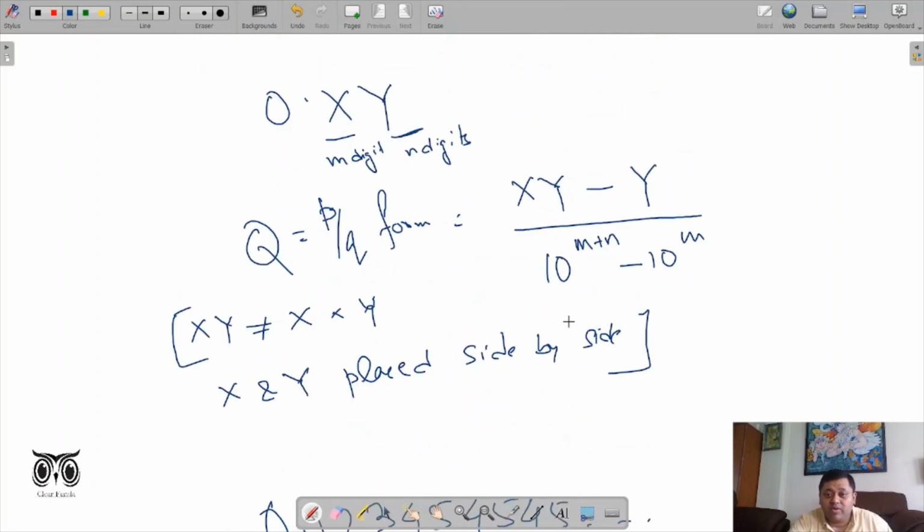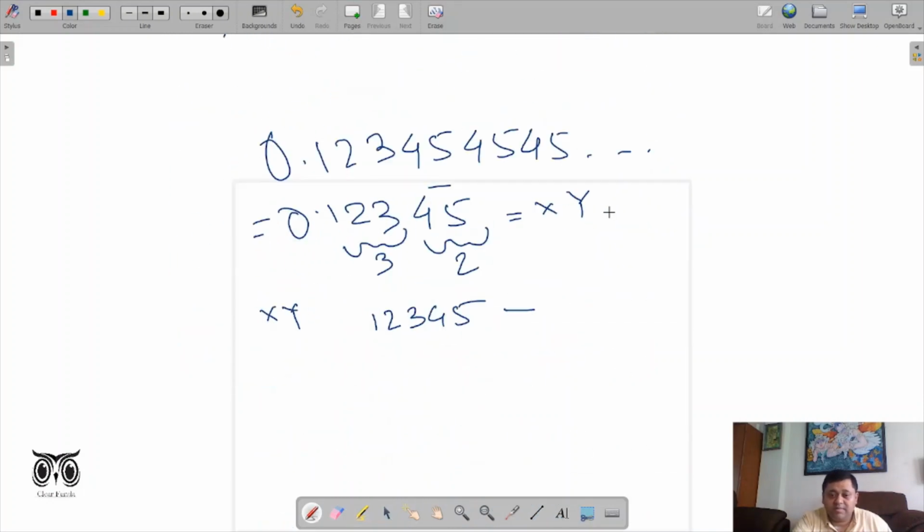I think we have made one mistake here. This is x, not y. Sorry. Minus 1, 2, 3 divided by 10 to the power m plus n. M plus n is 5, minus 10 to the power m, that is 3.